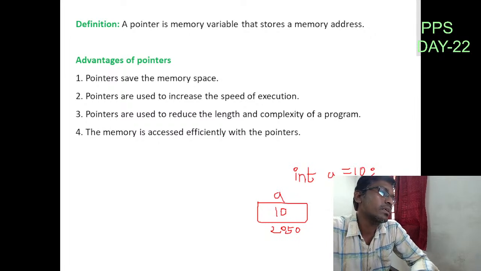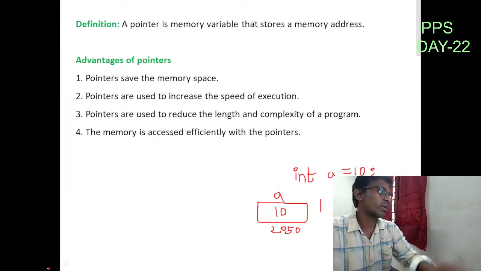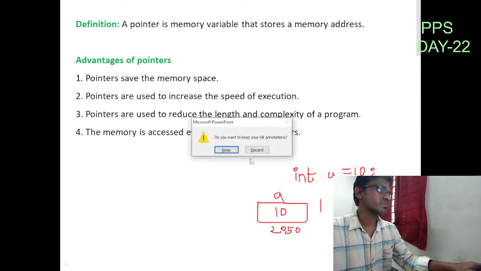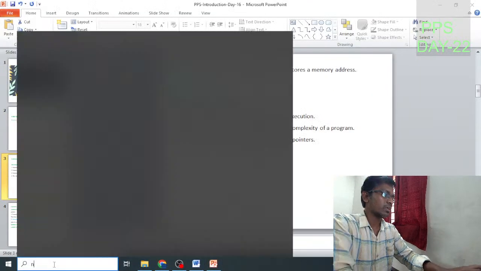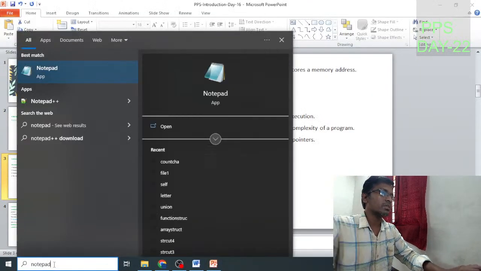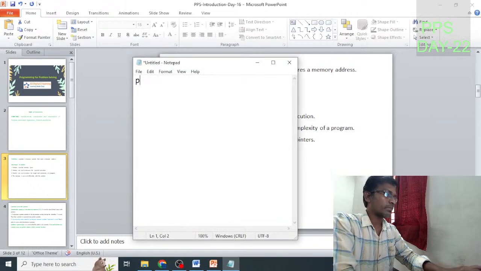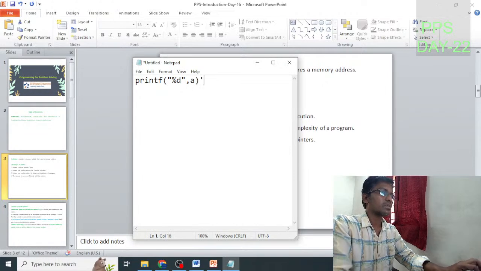If you want to print the value of a, you can use the printf function, followed by a formatted string and followed by the variable.